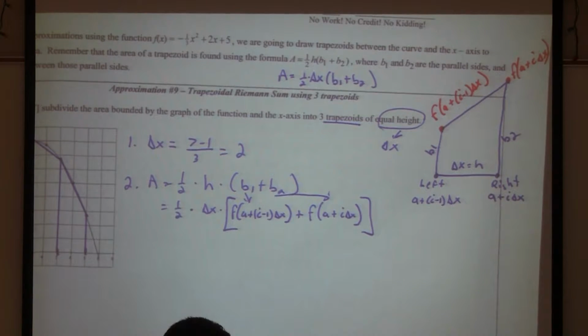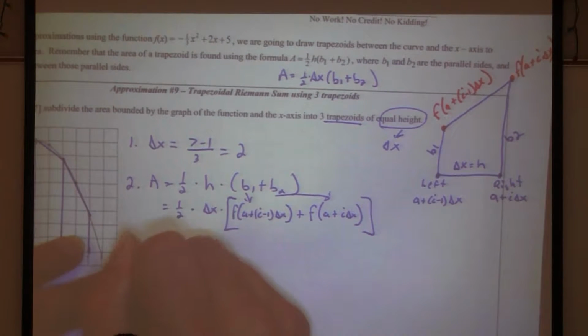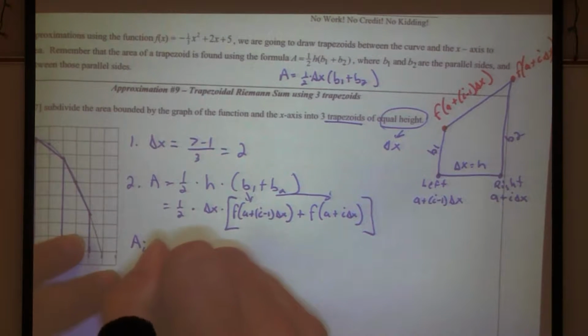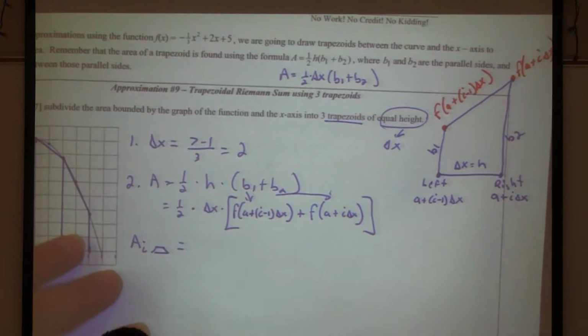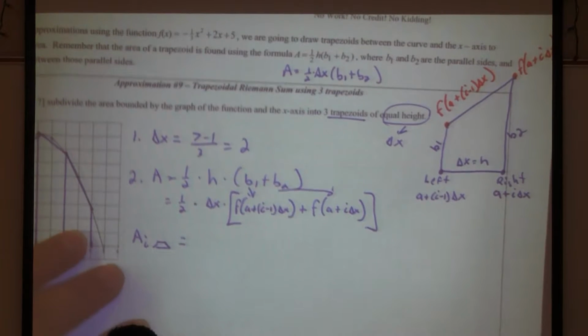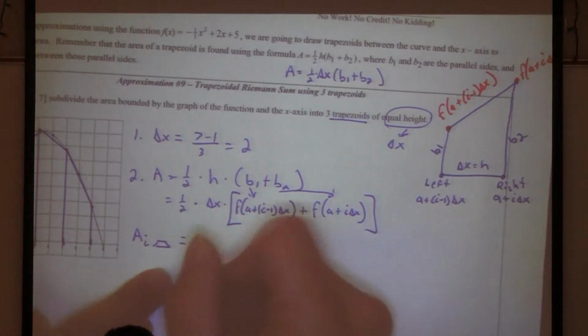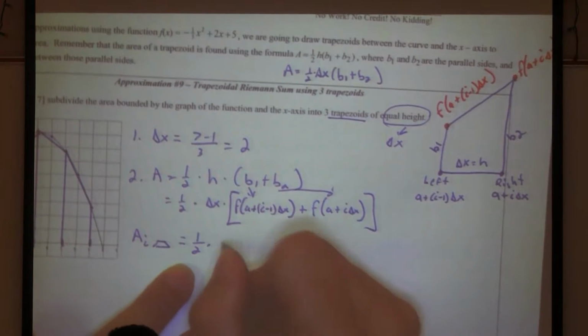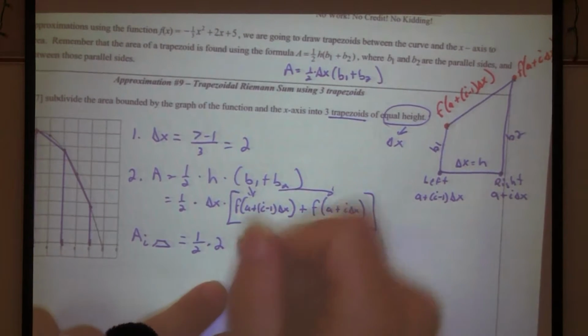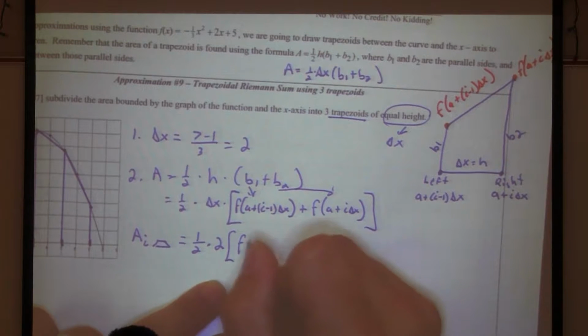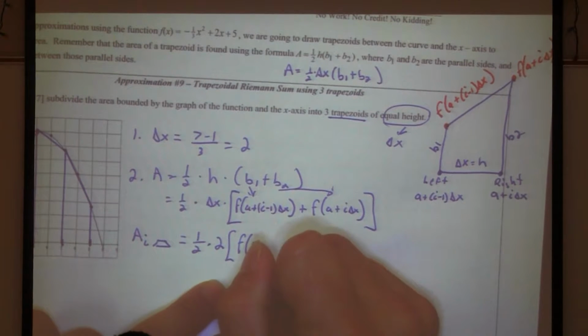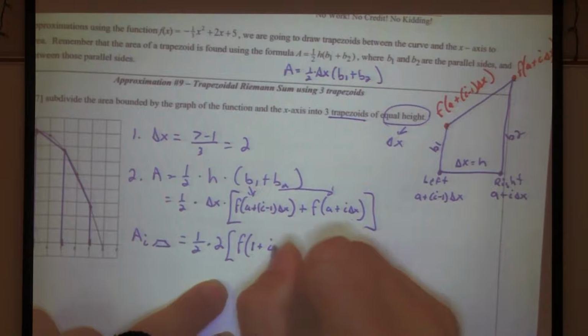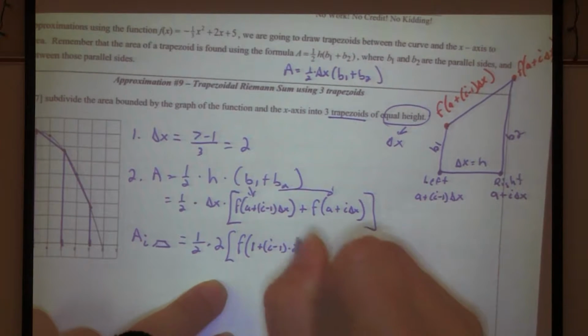So if I wanted to find the area of any of these 3 trapezoids, right? Let's say I wanted the area of the ith trapezoid. I don't feel like writing the word. What would it be for this particular problem? 1/2 times, what's delta x? 2 times f of, what's a? 1 plus i minus 1 times what?